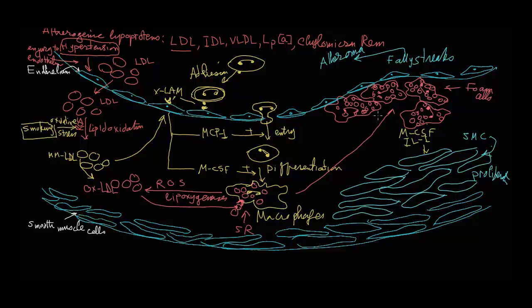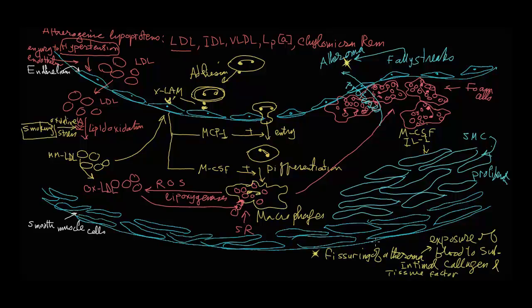The macrophages produce proteases, and these proteases are going to cause fissuring of atheroma, and this will lead to exposure of the blood to subintimal collagen and tissue factor. And this is going to contribute to the development of thrombosis.